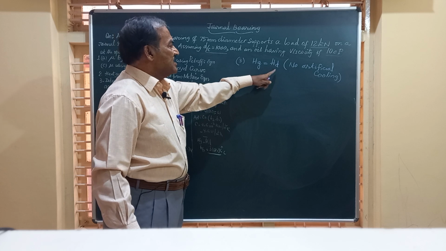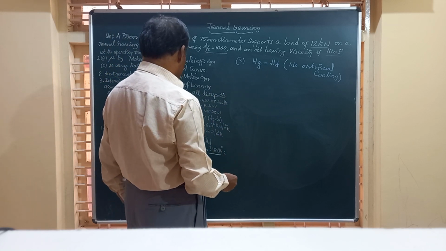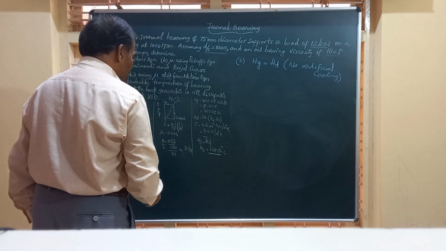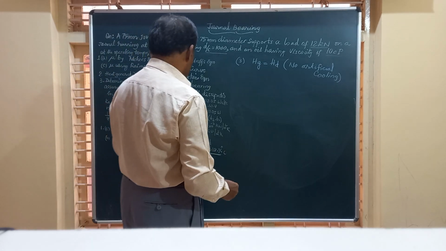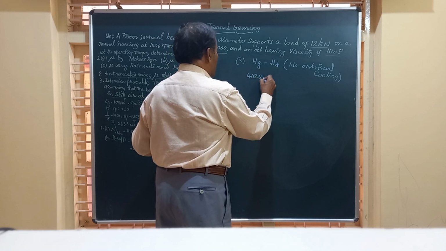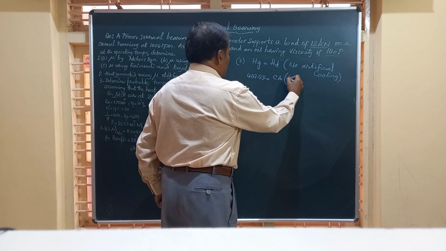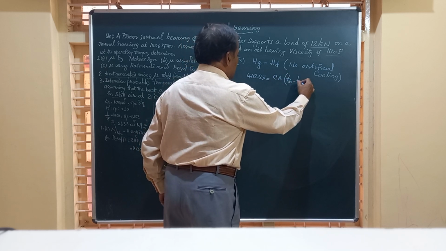Heat generated you have already calculated as 402.25 watts. Hd is given by the formula C A (Tb minus Ta).